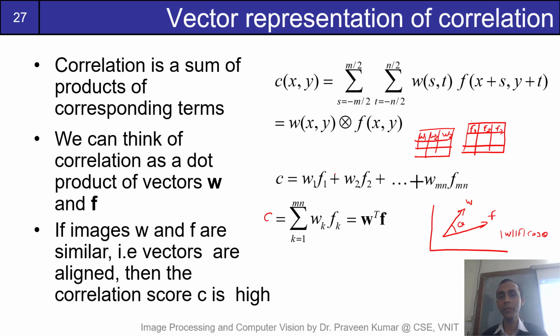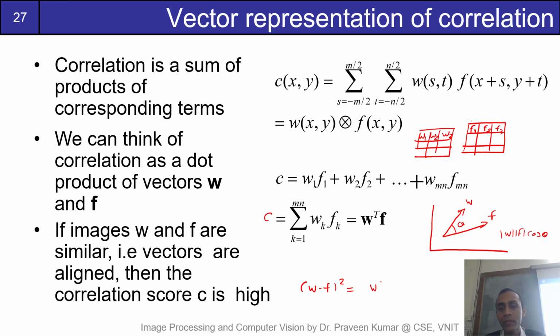Other way, if you want to understand this thing, for example, let us say you subtract w minus f, and take the sum of squared difference. You want to take the absolute difference between w and f, and normally we would take an absolute value, but to get rid of the sign, we'll just square it.